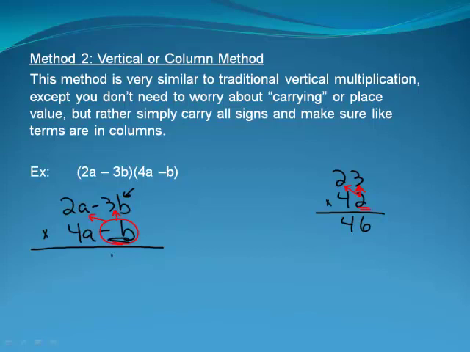Negative times negative is a positive, and 3b times b is 3b squared. Add the exponents of the like bases. Okay, then take negative b and multiply it to 2a. Negative times positive is a negative, so you've got a negative 2. And a times b is just that, a times b.